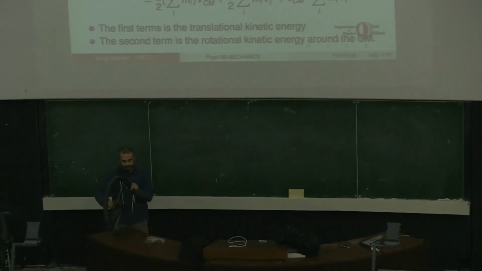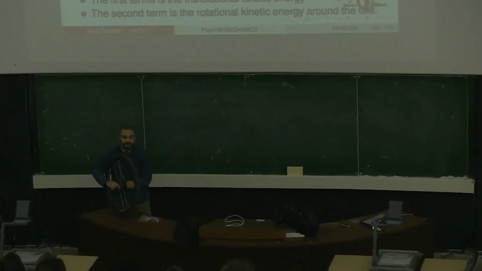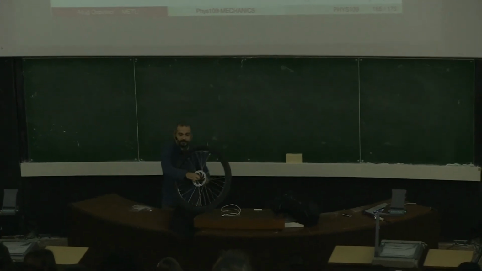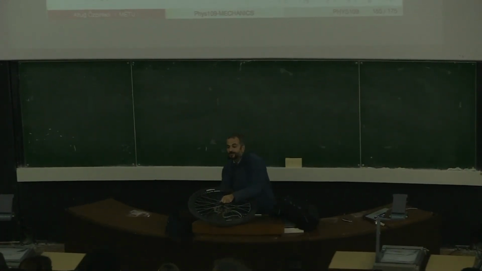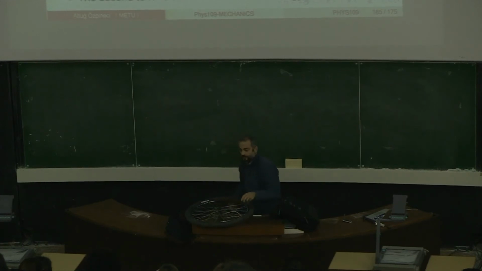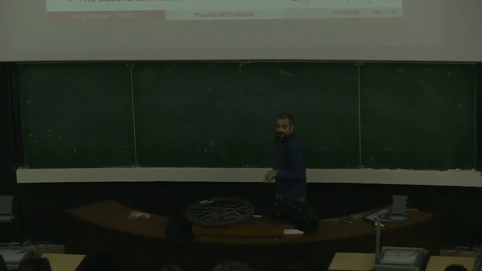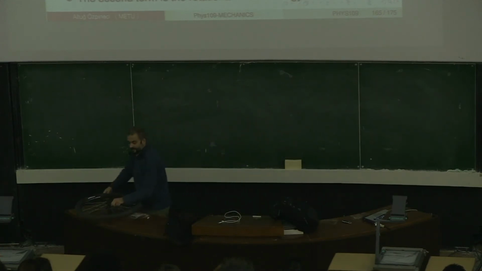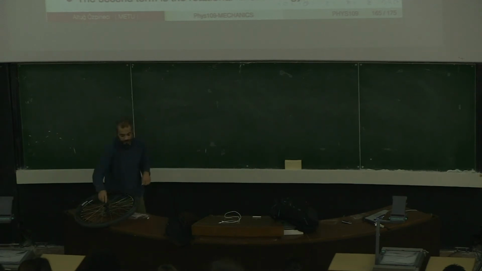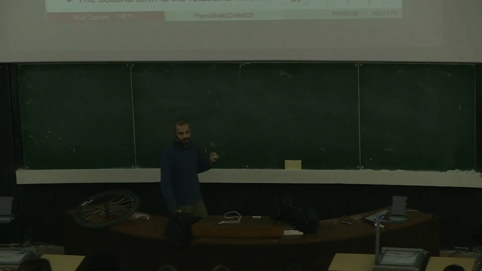What you do is you just ride it, the wheel rotates, and hopefully you will be covering some distance. So you have both translational motion and rotational motion. This is a complicated motion, but it simplifies a lot if you just consider the motion of the center of mass plus the motion relative to the center of mass.